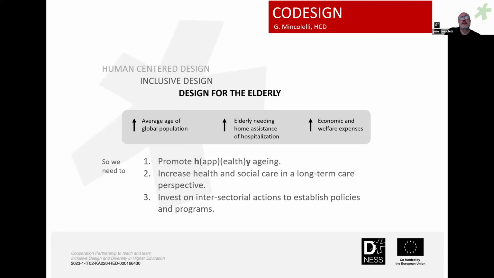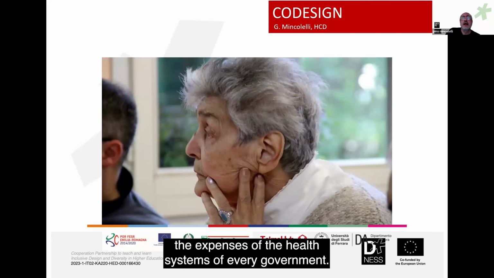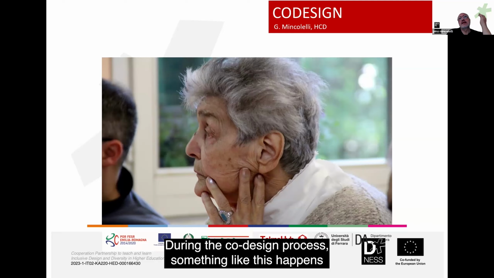I told you the average age of the global population is increasing, and it's becoming a problem also for the economic expense of the health system of every state government. And during a co-design process, something like this happens.